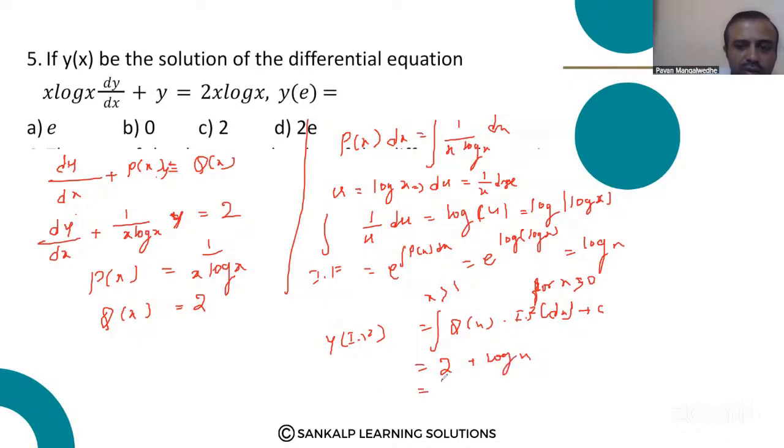So where x is 1, it is 2 plus e raised to log of x, which is 2 raised to 1, which is 1. So that is 2. The final answer is going to be option C. That is, y of e is 2.